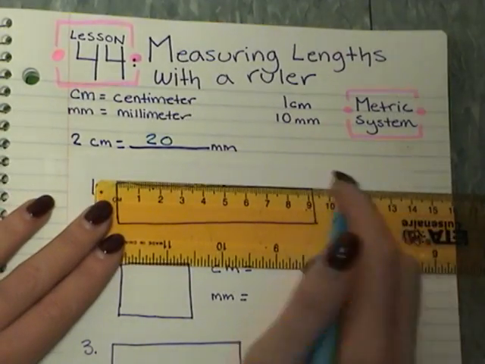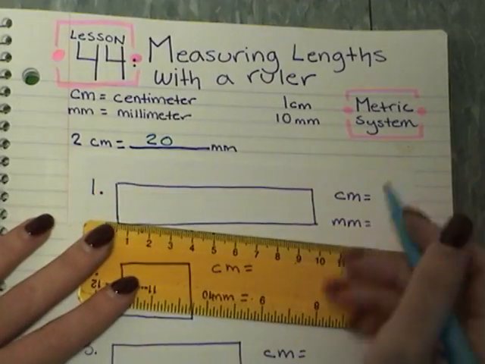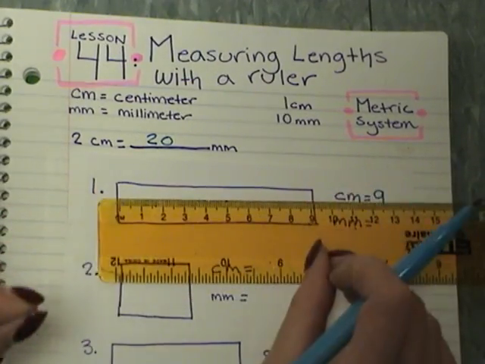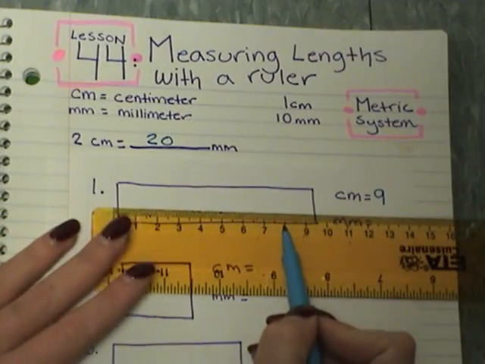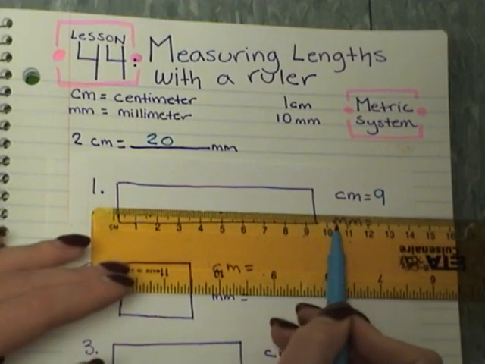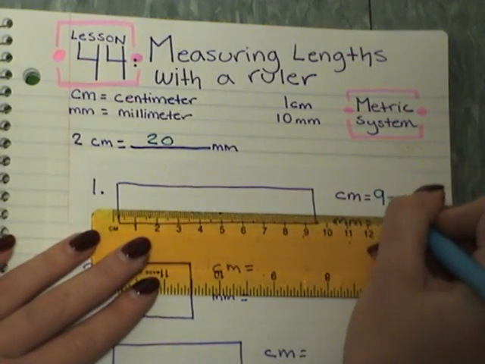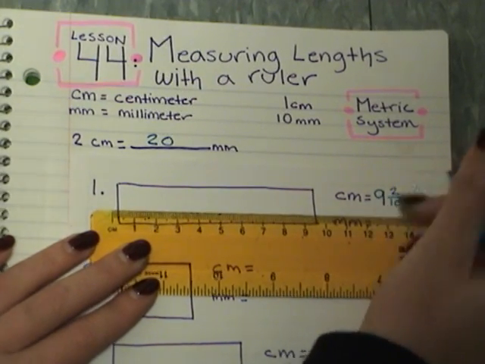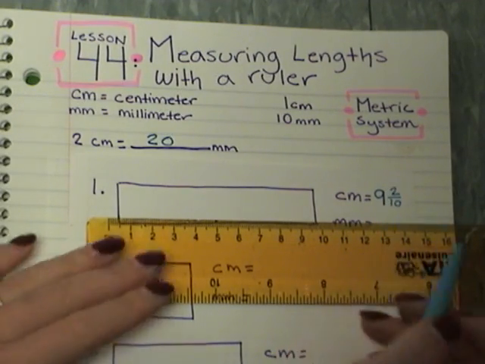So when I go to write my centimeters, I have all the way up to 9 full centimeters, but now I have a fraction because I have 2 small little millimeters. So like we talked about before, between a 9 and a 10, we have 10 millimeters. So we're out of 10. And how many did we count up to? 2. So we have 9 full centimeters and 2/10 of a centimeter, or 2 millimeters.